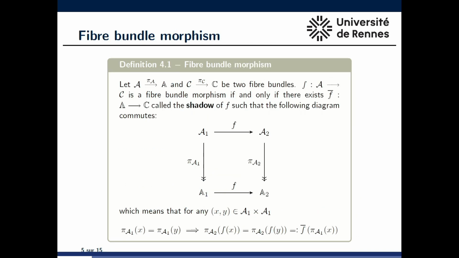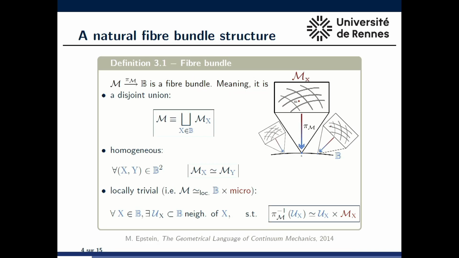A good illustration for a fiber bundle would be a navigation tool such as Google Street View, where the base, the macroscopic world, would be the map of the world in 2D, and a fiber, a microspace at a point, would be a 3D panoramic view at that location. So you imagine fibers inside the microscopic space, microscopic points.